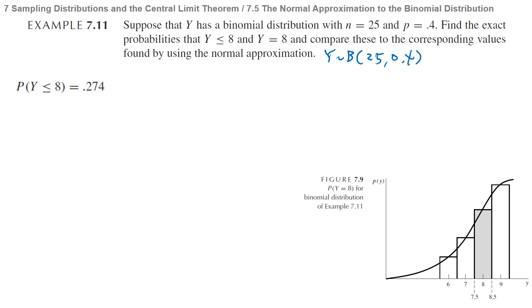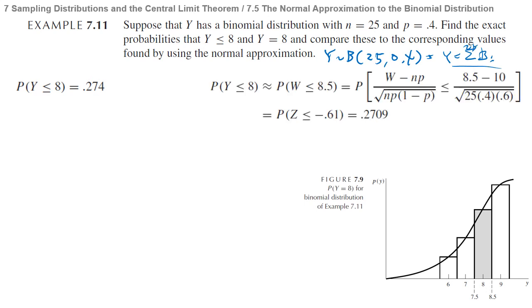And also Y is actually a sum of Bernoulli trials, Bis. So you can use the central limit theorem, with 25 Bernoulli trials, and approximate it using the normal. The probability of Y less than or equal to 8 can be approximated as the probability of W less than or equal to 8.5.